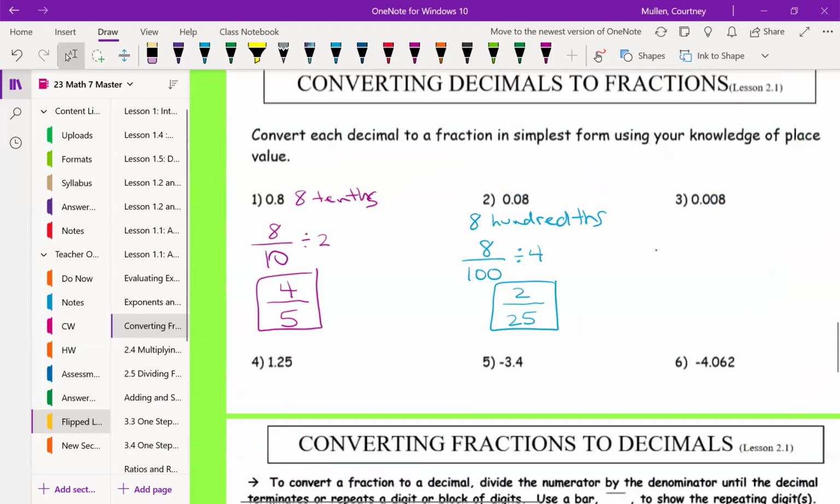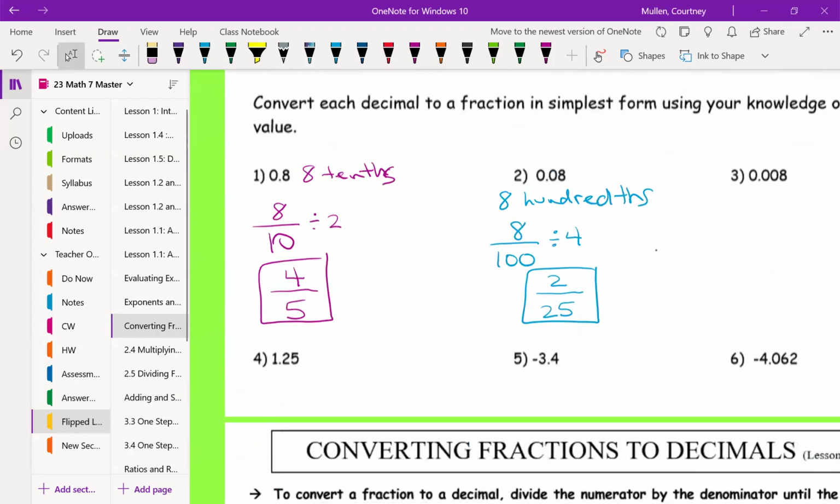Now, number 4, remember the decimal point says and. So we have 1 and 25. What place value is that 5 in? It's in the hundredths place. That's right. So when we write this, this is going to be a mixed number so that the whole number to the left of the decimal is our whole number. And then the piece to the right of the decimal is our fraction, 1 25/100ths.